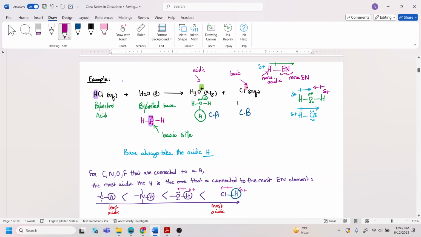And in my products, the name of the base now is a conjugate base. It's not a base. The base is in the reactants. The product is going to be a conjugate base. The conjugate base results when the acid loses its hydrogen. The conjugate acid forms whenever the base takes the acidic hydrogen.